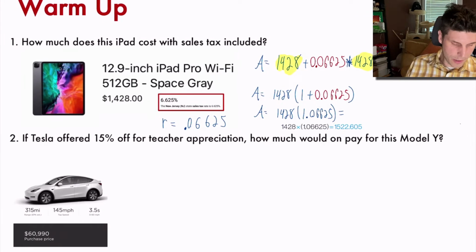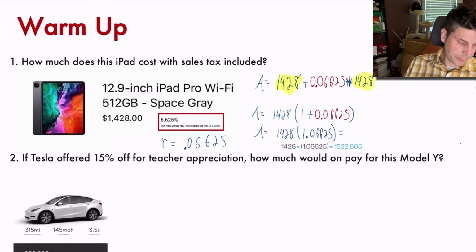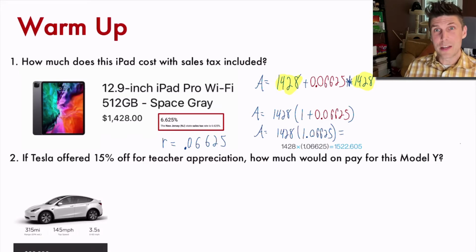So another thing that I have interest in is I really like Tesla cars. I like electric cars, and so I was just looking at them. Teslas don't have sales tax in the state of New Jersey, so that makes our calculation a little easier. And let's think of this hypothetical scenario where teachers could get a 15% discount for teacher appreciation for Teslas.